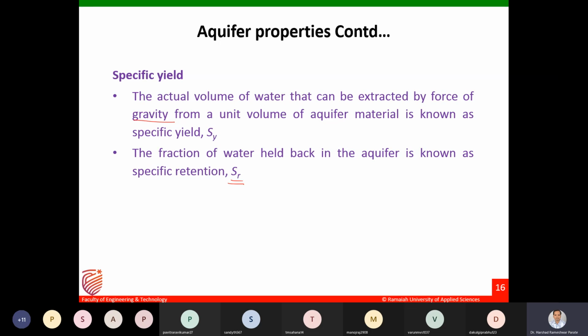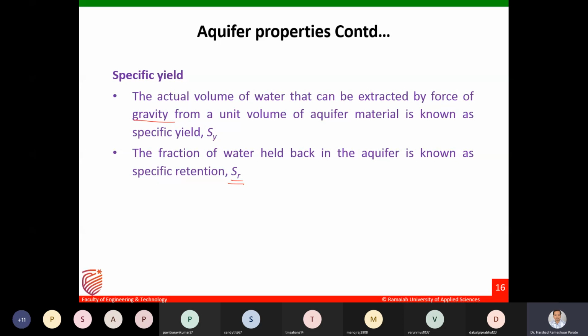The water which doesn't flow by gravity, which is there in the soil, is held back by the soil, and that we call specific retention. So when you drill a borewell, the water that can flow due to gravity, that much water only we can extract. It's clear what is specific yield?